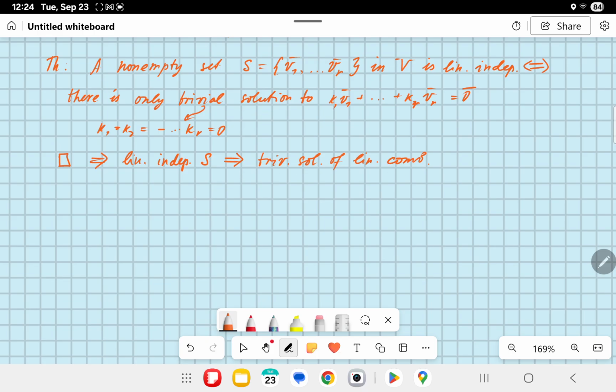That's what I'm proving, right? Well, let's imagine that vectors are linearly independent, but, for contradiction, assume we have a non-trivial solution.